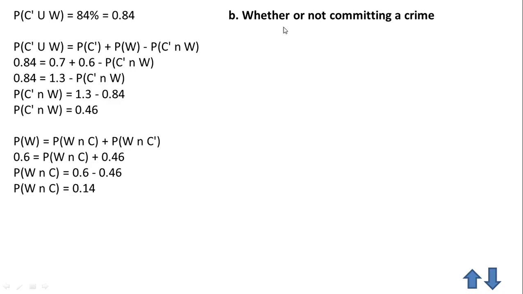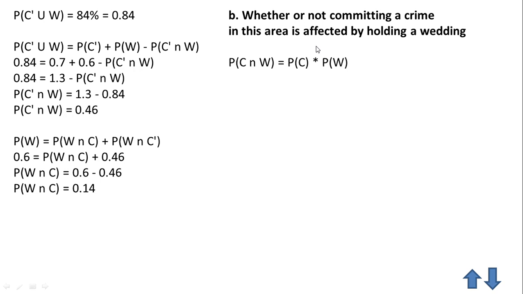Part B, whether or not committing a crime in this area is affected by holding a wedding. So they are looking at independent events, and the condition for independence is that the intersection is a product of the individual probabilities. So they want us to prove whether the intersection is this or not. Now if we multiply the individual probabilities, probability of a crime and a wedding, we get 0.18.